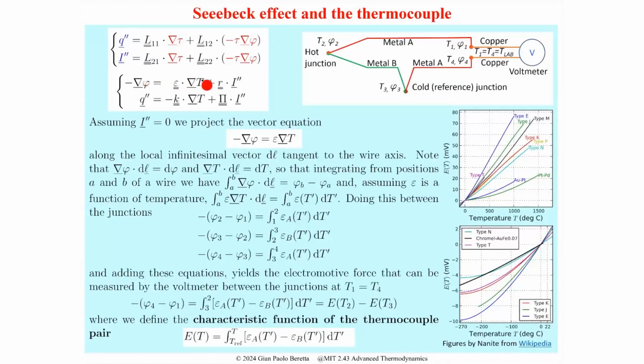So the remaining stuff is this simple relation between the gradient of phi and the gradient of temperature. So you do those 3 integrals. You should not assume that epsilon, the Seebeck coefficient, is constant, so that it goes out of the integral.